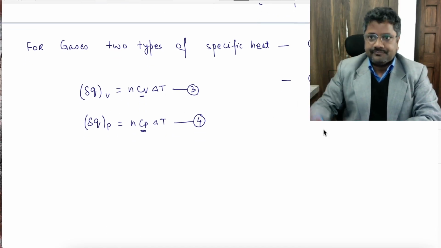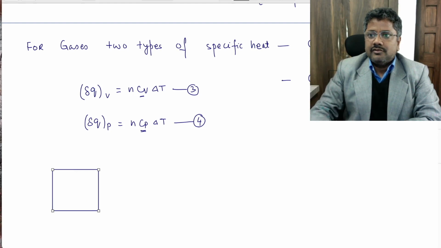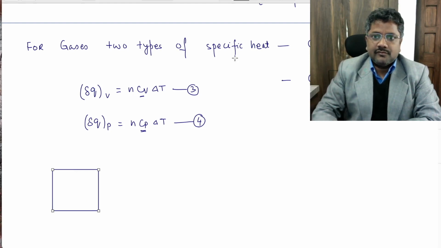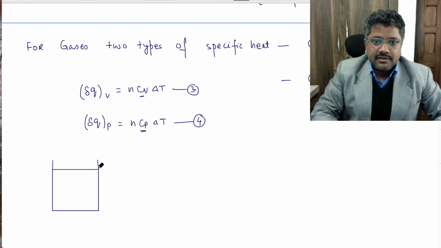Suppose that we have a system like this. Suppose that we have a constant volume system. This is a rigid container, right?